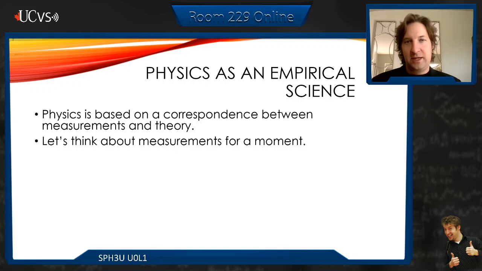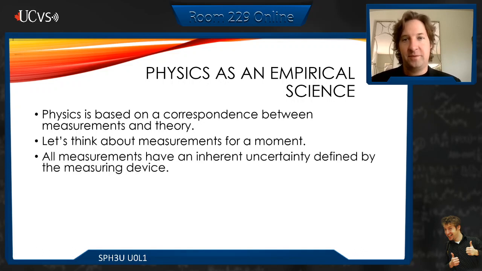So even if I have a whole bunch of data and one of the values is very precise, the precision of my answer is limited by the least precise one. And there are going to be rules that we have to follow that allow us to keep this uncertainty and precision around. So all measurements have an inherent uncertainty defined by the tool we use to measure it.